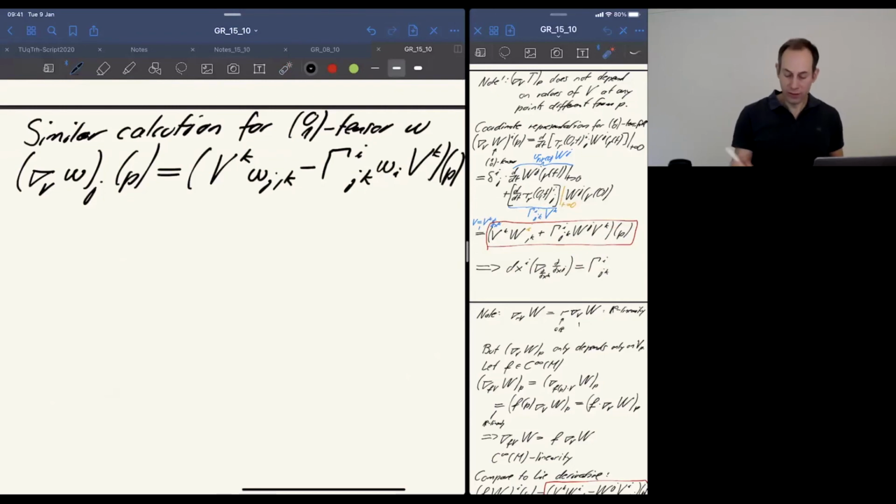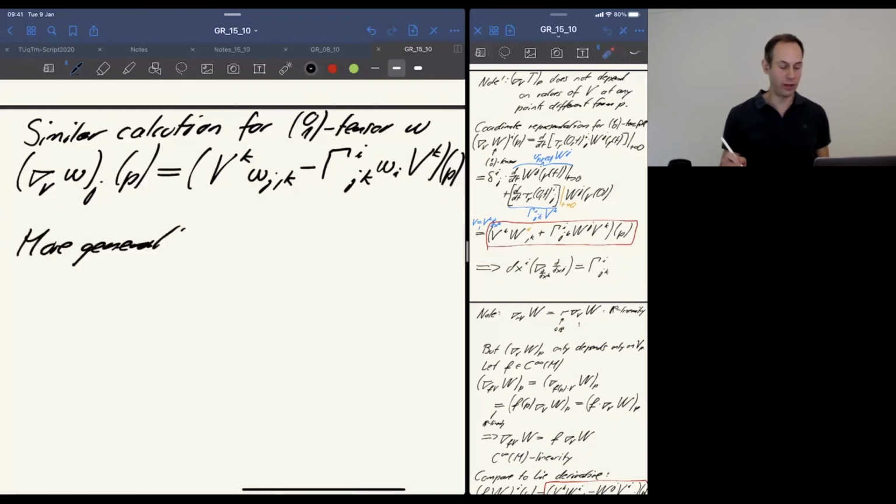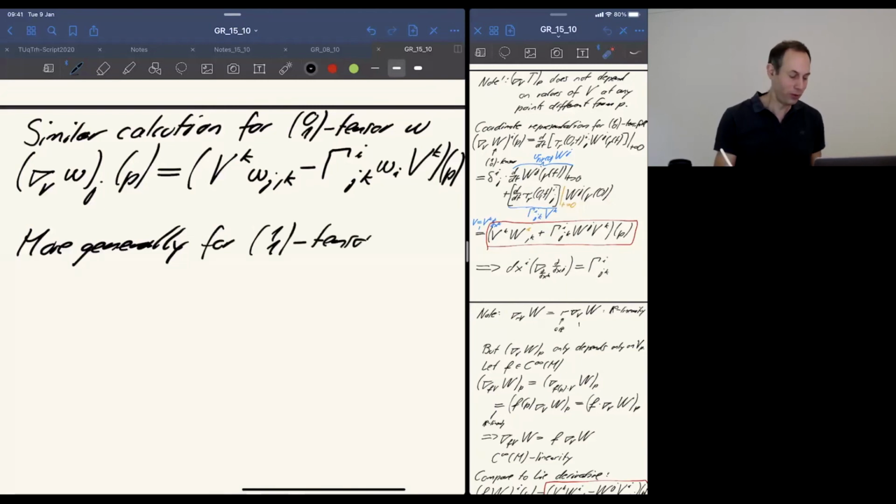And this can be generalized. Again, I will not now write it down for an r, s tensor, but let me do it as an example for a 1, 1 tensor. That's already containing all the structure you need. So what happens if I take the derivative, let's now say, in direction k.